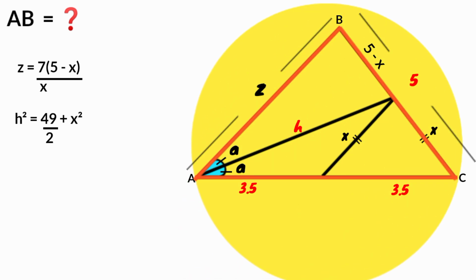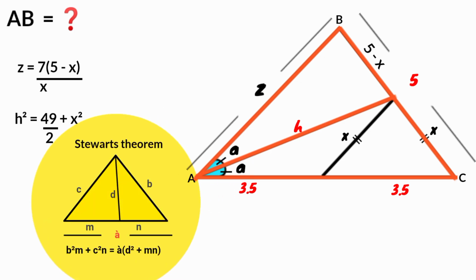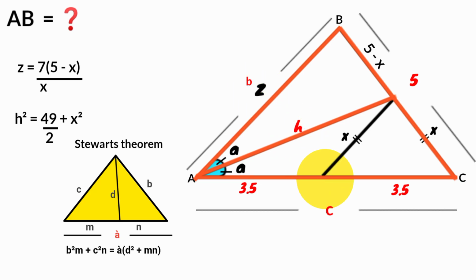Come back to this triangle. With reference to this cevian, we can use Stewart's theorem. Come here, assume this side is b and this c. Let this be m, this n, and this d. The whole side is going to be a.